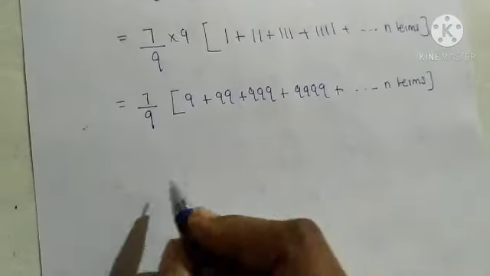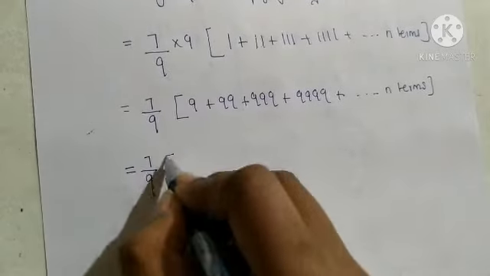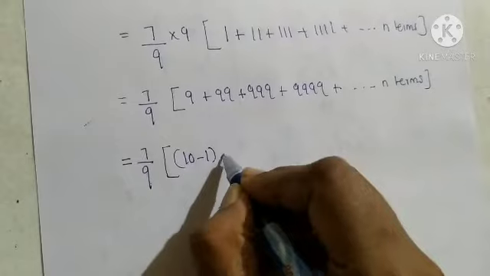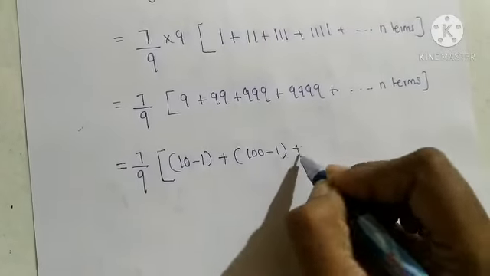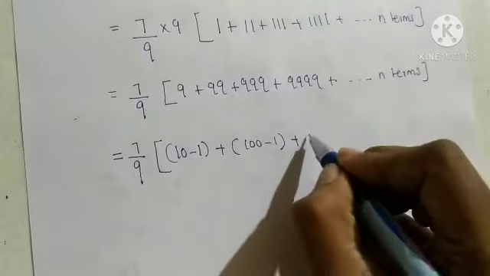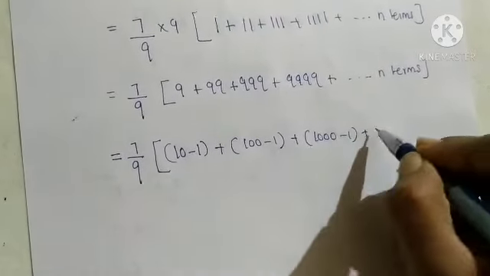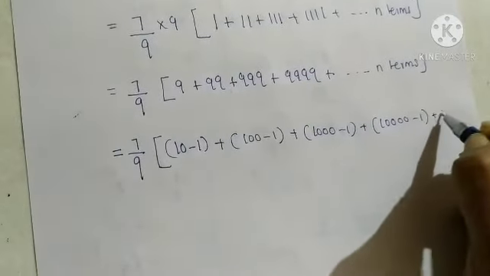Okay. Equal to, next I am going to change this 9 to 10 minus 1 and this 99 to 100 minus 1, plus this 999 to 1000 minus 1 and this term to 10,000 minus 1 plus etc. to n terms.